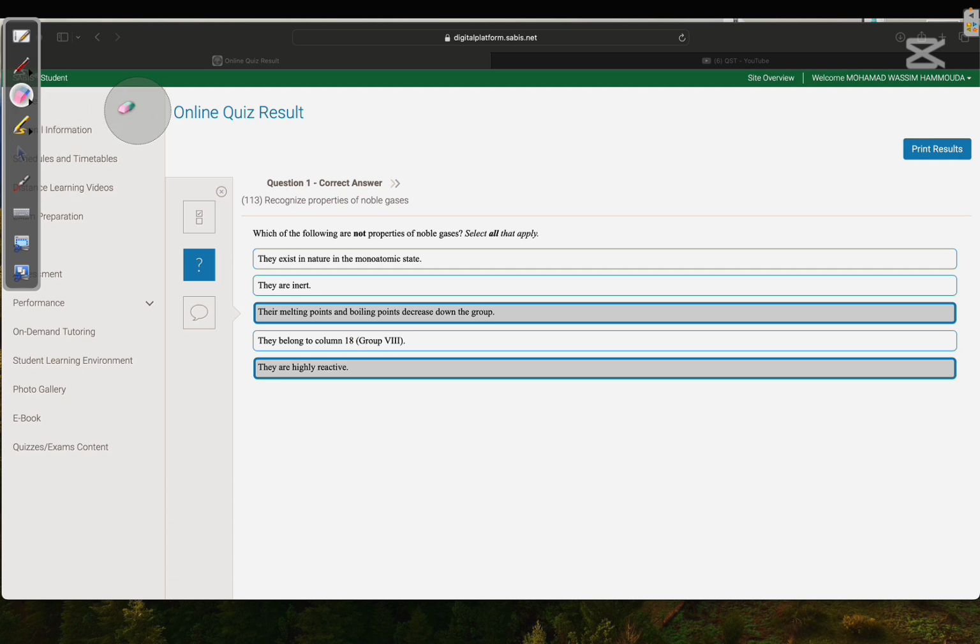Their melting and boiling points increase down the group. So as they go down the group, boiling point and melting point increase. Noble gases are also unreactive, which is why they exist in the monoatomic state.